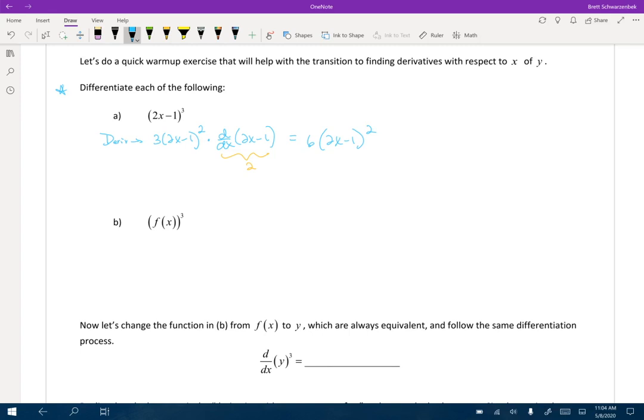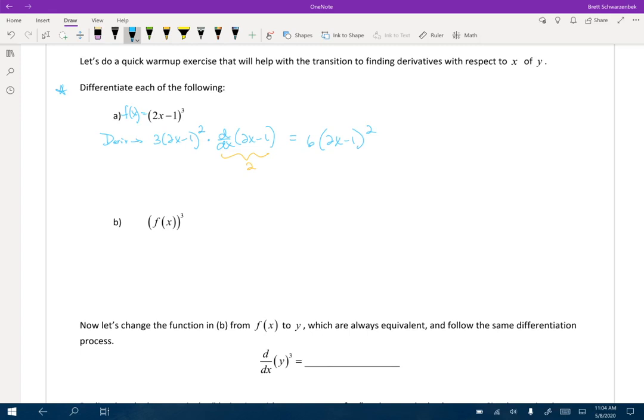Now I'm going to make a change to that, which is not going to be fun, but hopefully it gets you to understand the process of implicit differentiation. I'm guessing most of you could buy that instead of writing 2x minus 1 cubed in the beginning, I could just write f of x equals 2x minus 1 cubed, right?